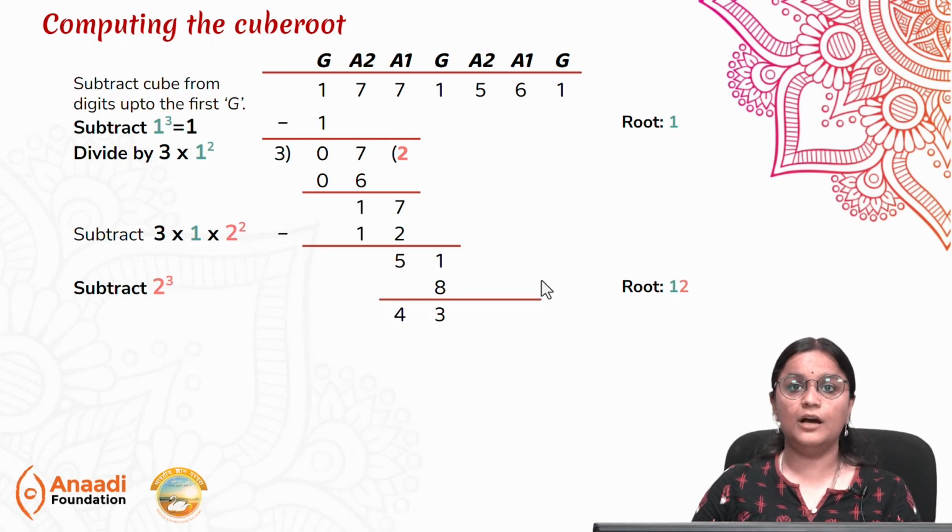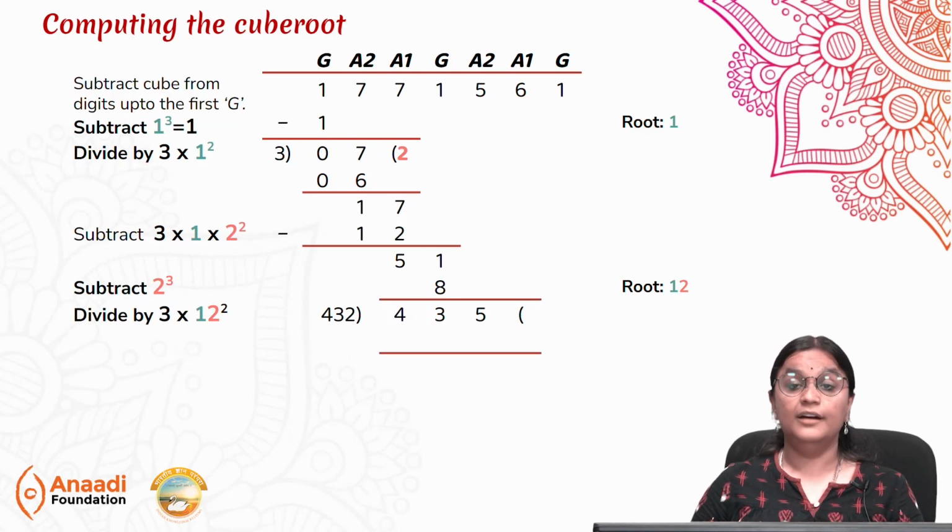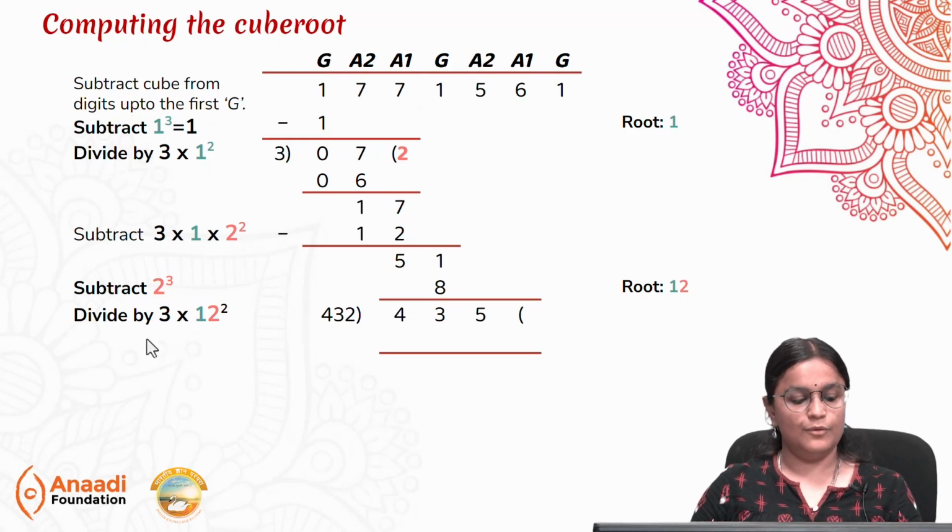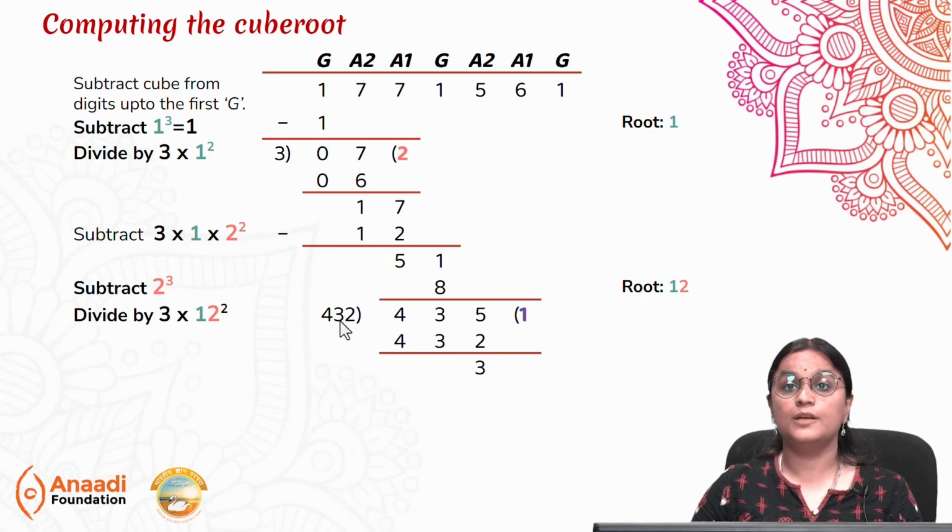Next, let us bring down 5 from the dvitiya aghanasthana and divide it by 3 multiplied by the square of our current root, which is 12. So, we will divide it by 432, which gives us 1 as the quotient and 3 as the remainder.